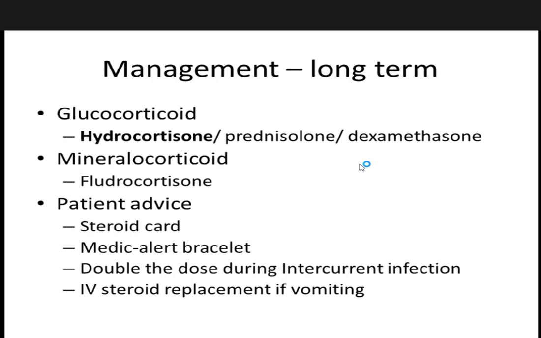That is why we are going to double the dose of cortisol during a stressful condition. So you have to look at it from that angle, what is going to happen in normal individuals. So you mimic that by doubling the dose, right?